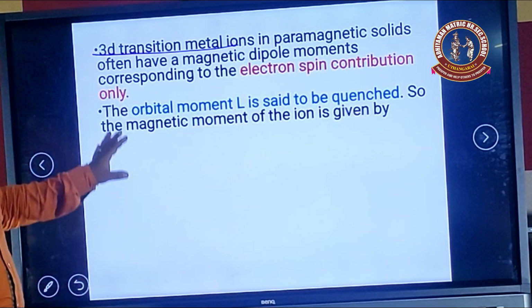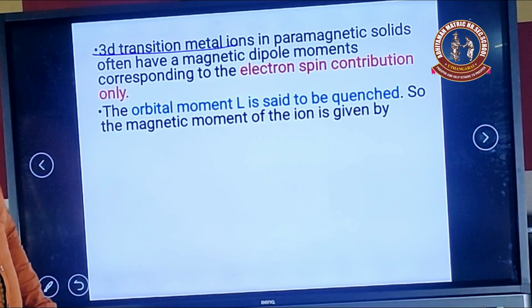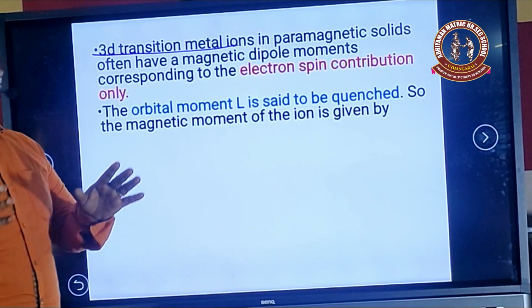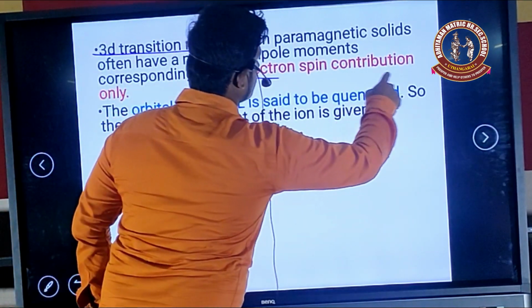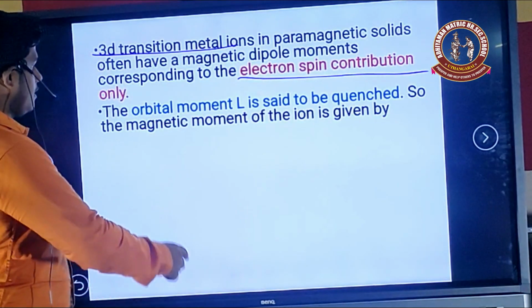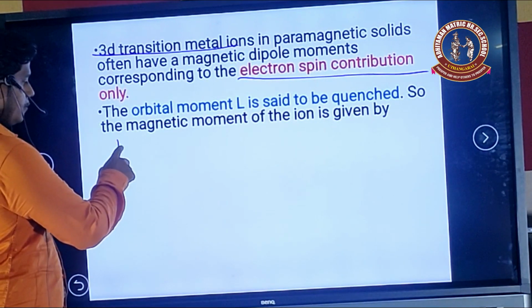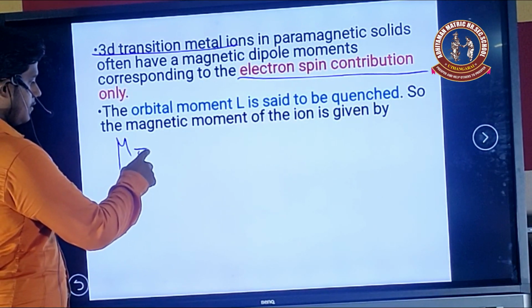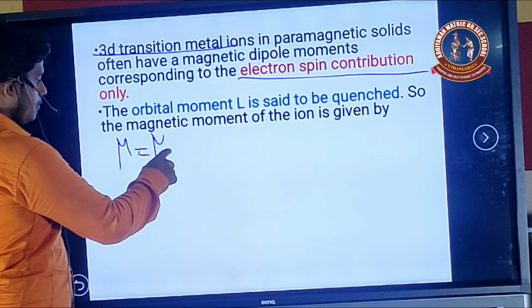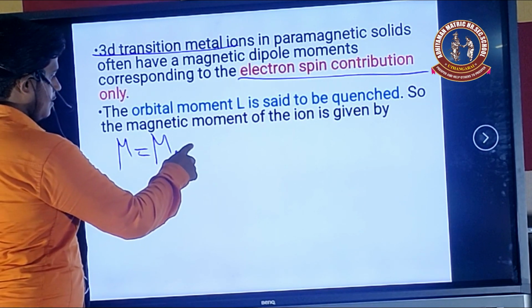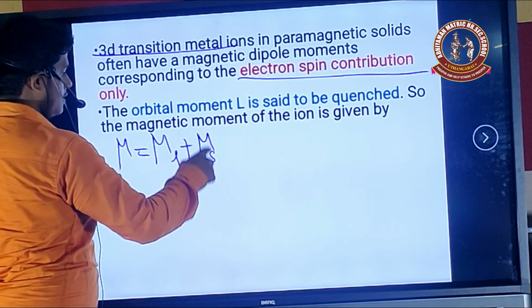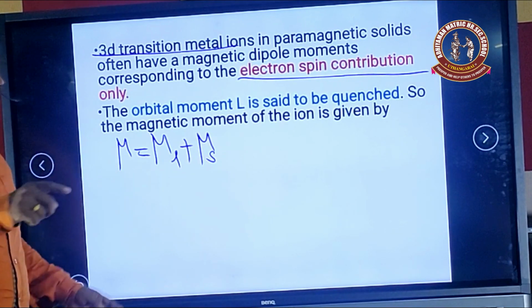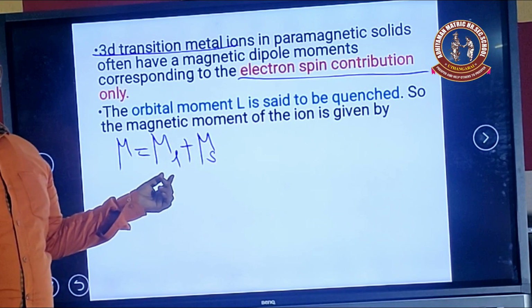In these paramagnetic substances, the dipole moment corresponds to the electron spin contribution only. The symbol mu equals mu L plus mu S, the contributions of the orbital angular momentum and the spin angular momentum.